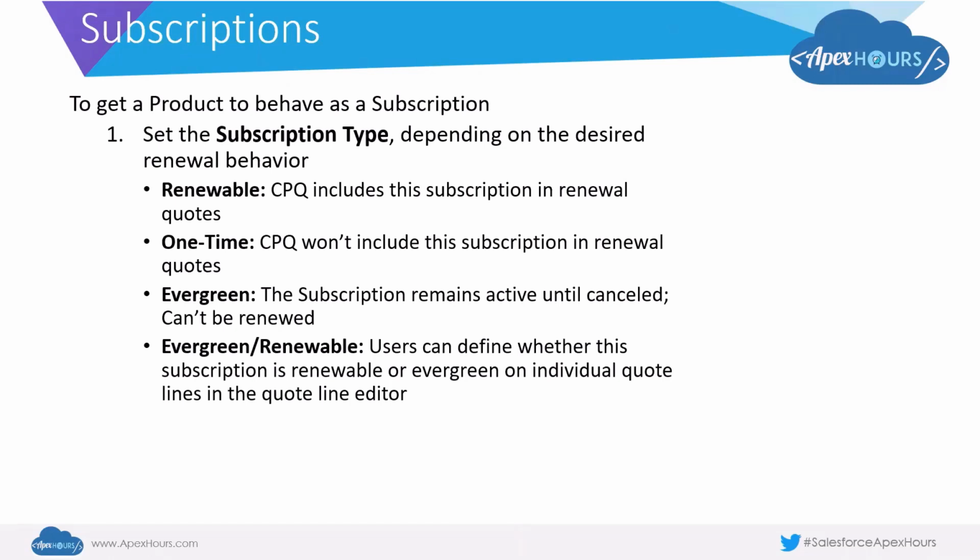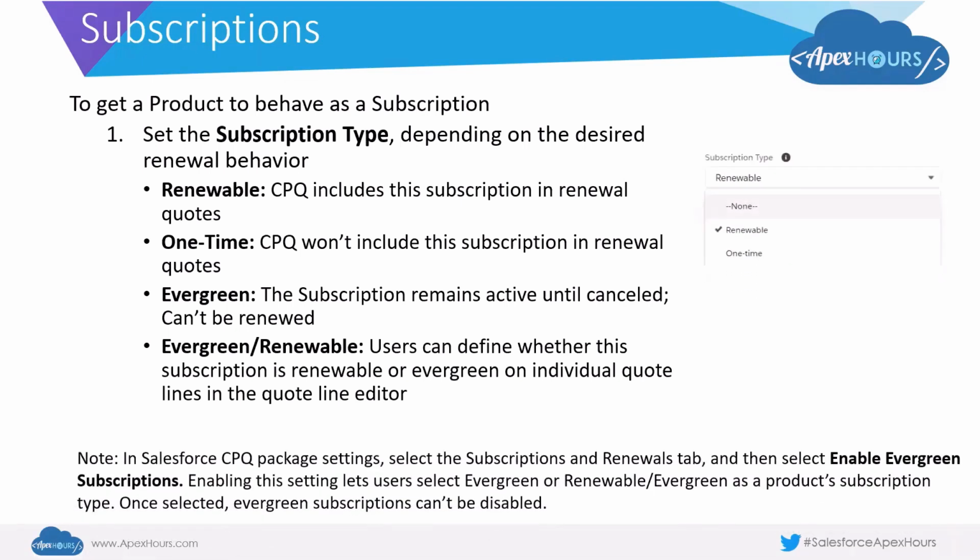When we set it to one time, CPQ won't include this subscription in renewal quotes. When you set it to evergreen, the subscription remains active until it is canceled. It cannot be renewed. If you set it to evergreen/renewable, users can define whether the subscription is renewable or evergreen on individual quote lines in the quote line editor.